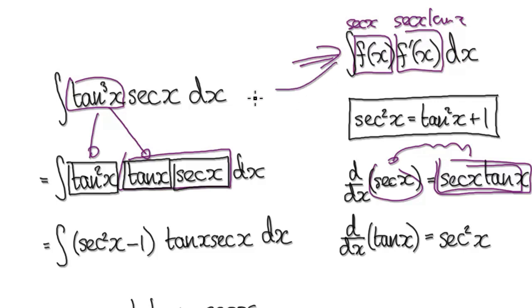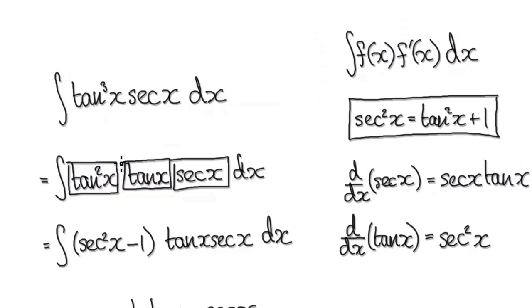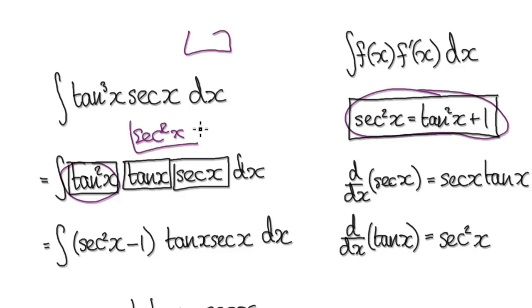If you look back at this, we want to rewrite this in terms of secant, but at the moment it is tan squared. By using this identity here, we can convert the tan squared into a secant squared block. This identity allows us to jump back and forth between these two blocks.